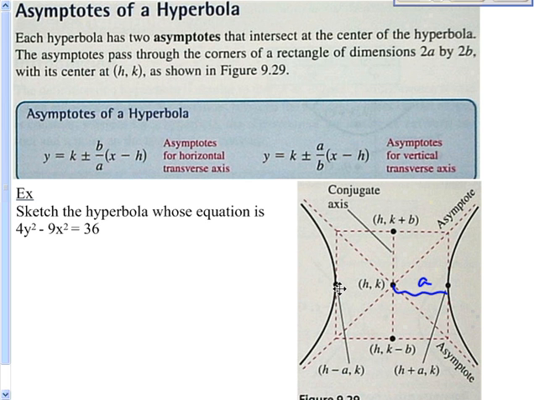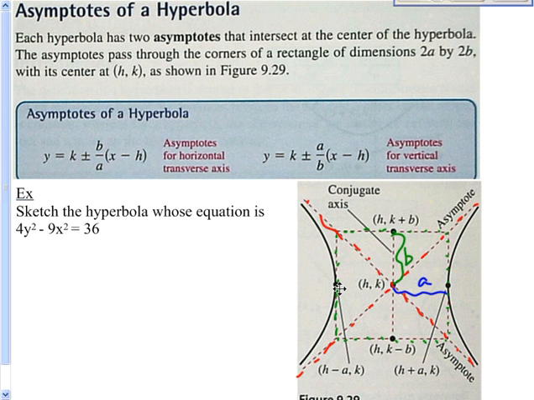Well, if we find our b from our equation, this is a distance b right here. That just helps us draw this box, and right through the corners of this imaginary rectangle are these slant asymptotes. Let me do it in red here.